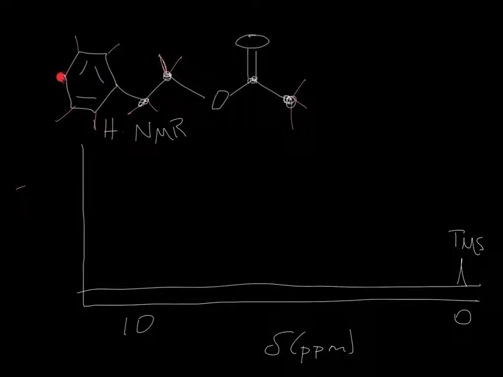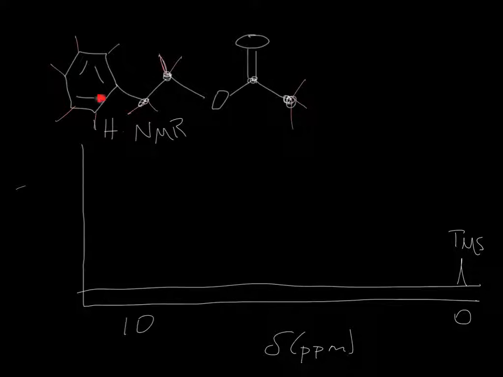This will be a single peak for most NMRs. How many hydrogens are hanging off this benzene ring? 5. In reality, these 2 are slightly different than these 2 versus that one, but usually when we talk about a monosubstituted benzene ring, it's 5.